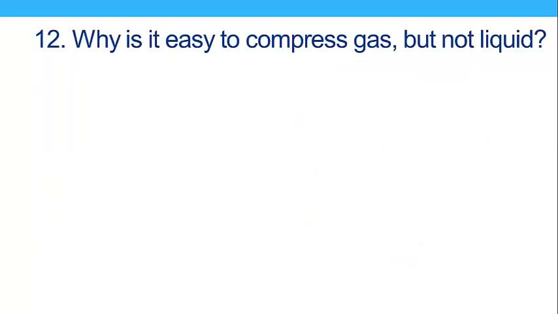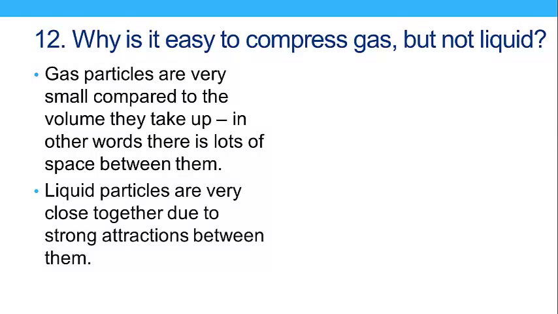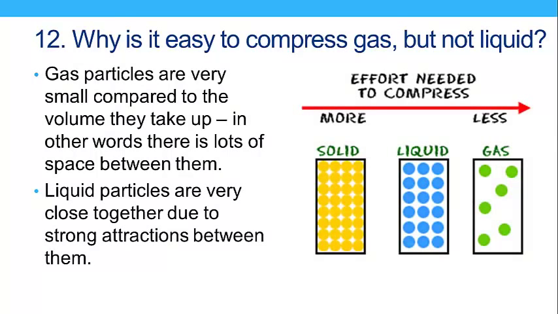Why is it easy to compress a gas but not a liquid? Gas particles are very small. We see that they have insignificant volume. So the size of a gas particle is very, very small compared to the volume that it takes up. In other words, there must be lots of spaces between the particles in a gas. Lots of spaces means it's easy to push those molecules together.